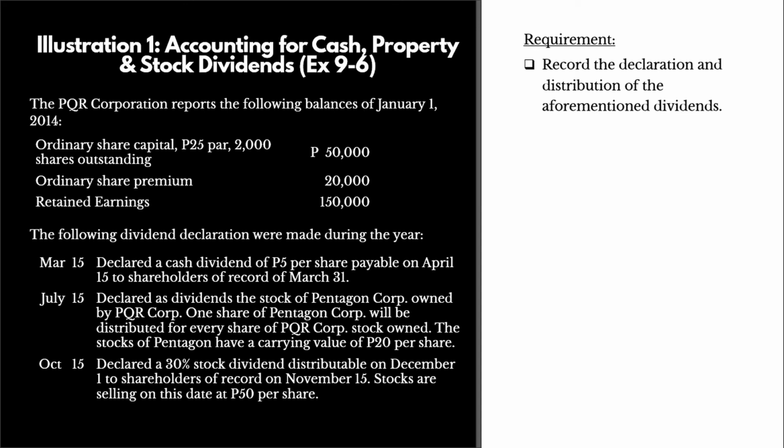The stocks of Pentagon have a carrying value of 20 pesos per share. And lastly, on October 15, declared a 30% stock dividend distributable on December 1 to shareholders of record on November 15. Stocks are selling on this date at 50 pesos per share. So the requirement is for us to record the declaration and distribution of the aforementioned dividends.